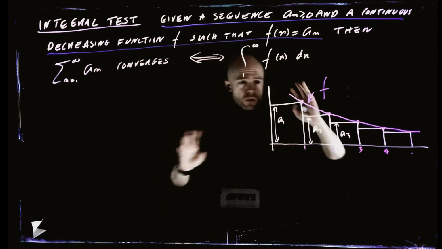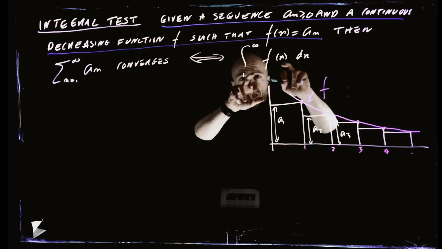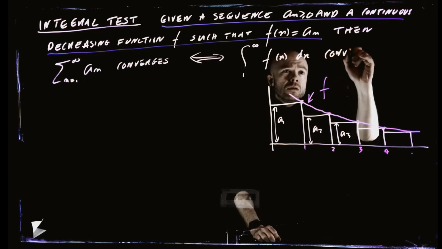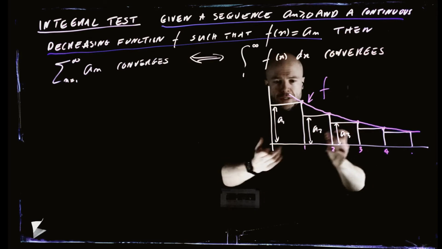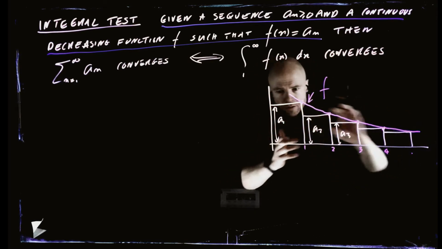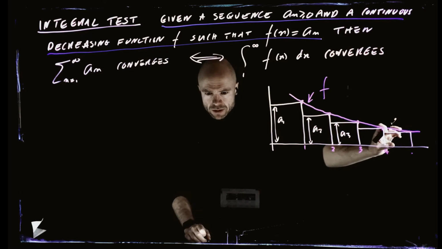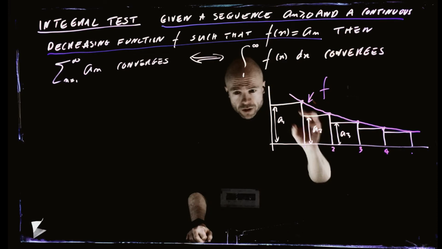So why is this the case? Well, one part of this is pretty straightforward from this picture. If this thing converges, this exactly says that the area underneath this function f is finite from 1 to infinity. That's exactly the meaning. And we can see that these blocks are all underneath the graph of this function.